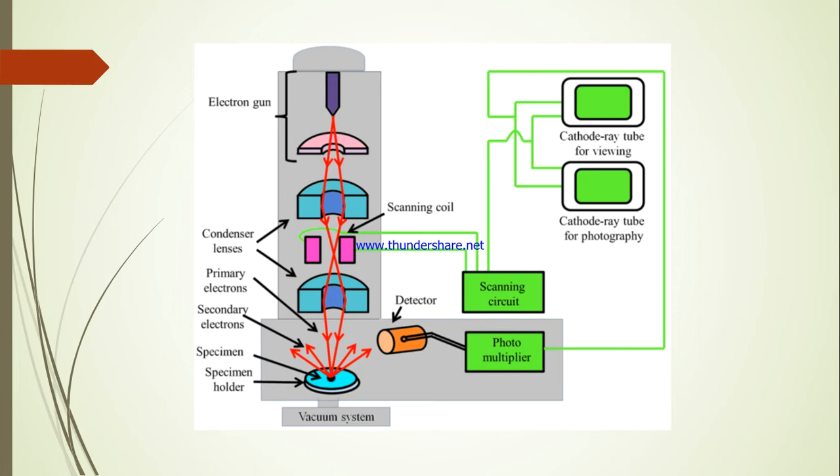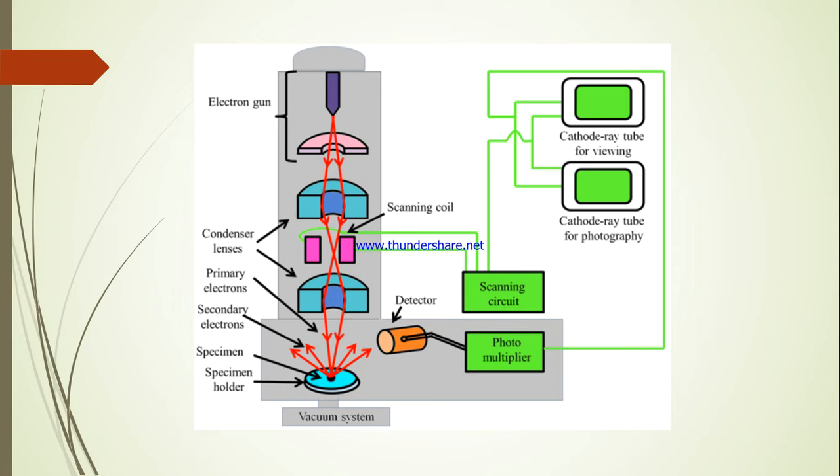The electrons produced by the electron gun are floating in the vacuum condition, and they hit the sample in such a way that secondary electrons are emitted from the sample. The emitted secondary electrons are collected by the detector. Such electrons are converted into a signal by the photomultiplier.